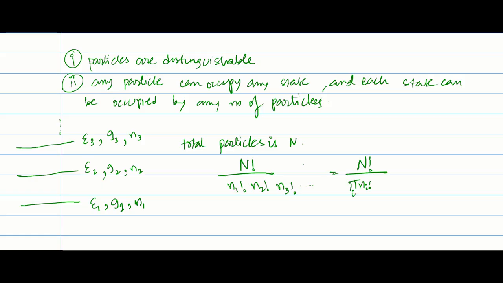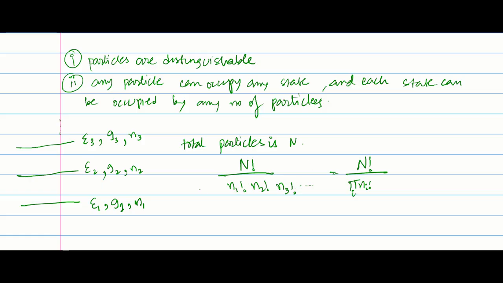So this is the number of ways we can divide N particles in a group which has n1 particles, another group which has n2 particles, another group which has n3 particles.